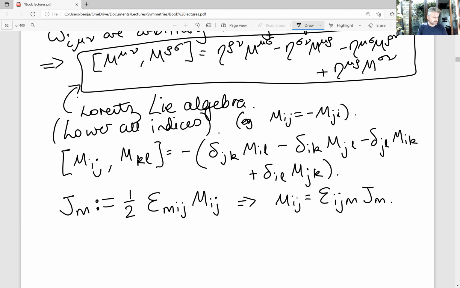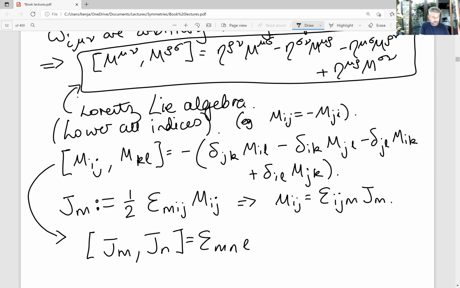So now the Lorentz Lie algebra, this Lie bracket, we can write in terms of the J's. We have to multiply it by some epsilon symbols, but it takes a few lines to work out that this implies that the Lie bracket between J_m and J_n is epsilon_mnl J_l. Now, this algebra we've seen before.